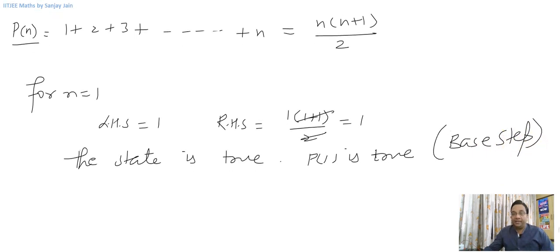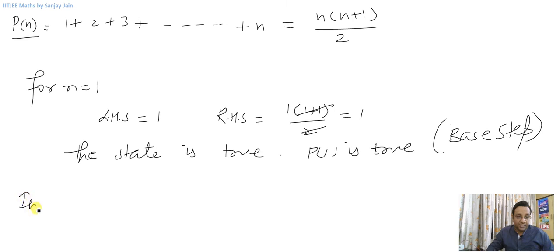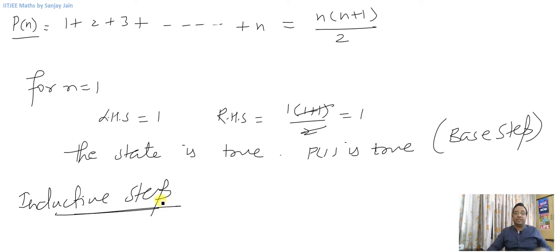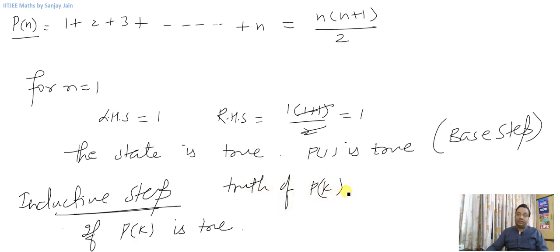Now comes the inductive step. Inductive step or inductive hypothesis, that I'll make a statement that if P of k is true, then the truth of P of k should imply the truth of P of k plus 1.